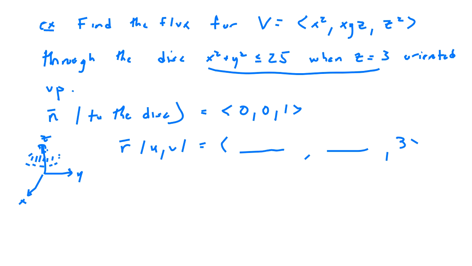So do I really need any other part of the parameterization? Does it matter what goes into these two? No, because I'm going to multiply by 0, right? So here you can see this becomes simple because I don't really need to do the parameterization except for the really basic part, z is equal to 3.